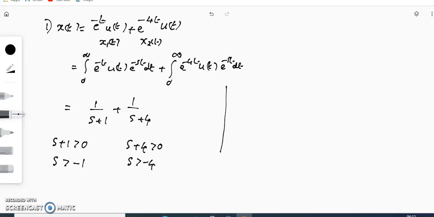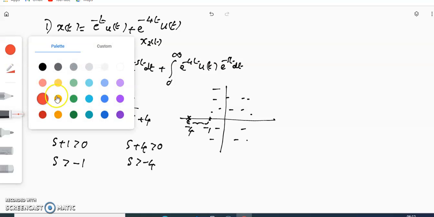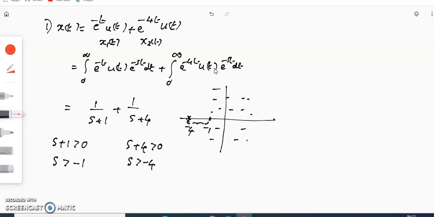Now take the s plane and mark minus 1 and minus 4. One says that s is greater than minus 1. So that means it is this area, isn't it? To the right side of minus 1. One says that s is greater than minus 4. So between minus 4 and minus 1 there are no common portions, because if it is greater than minus 4, it is the region that is shown with this red line.